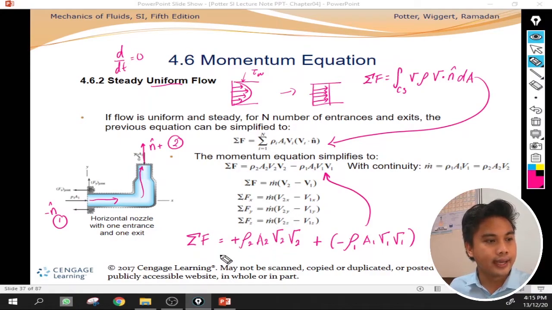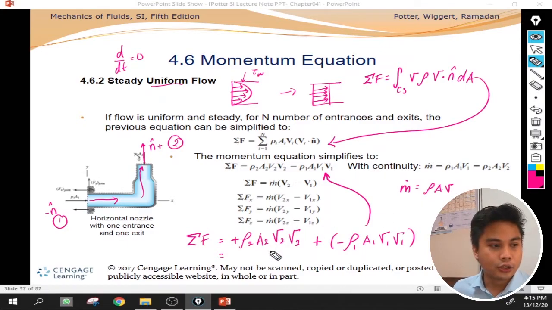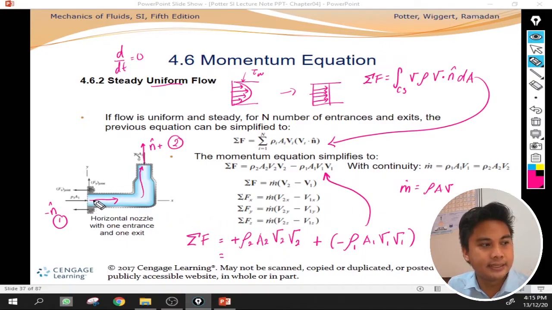Then we know that the density, the area and velocity here can be reflected into the mass flow rate. The mass flow rate is rho A V. This is the mass flow rate formula. So assume that the mass flow rate is the same. Since this is water, the density is the same.